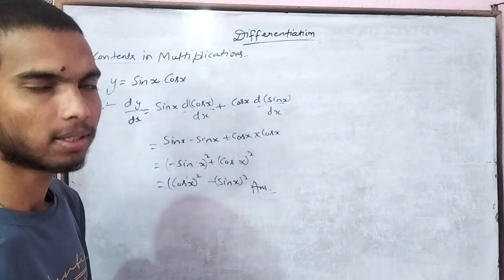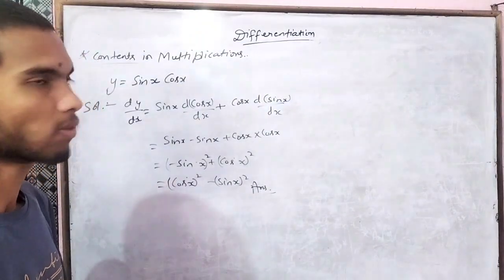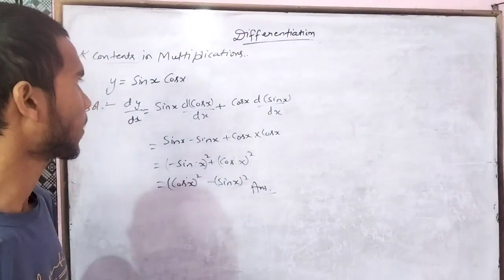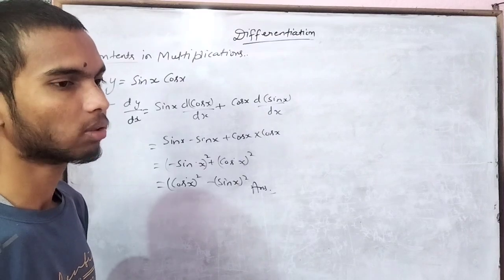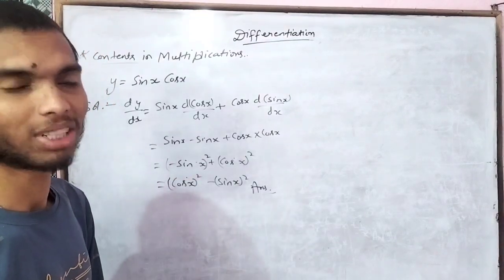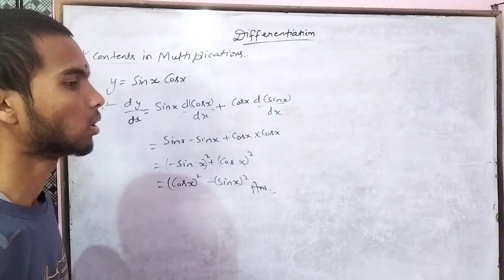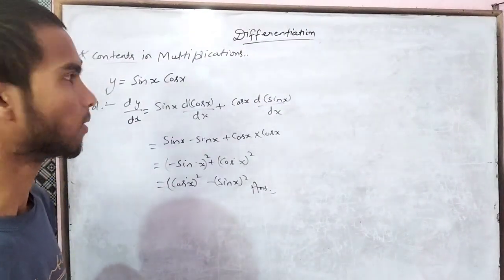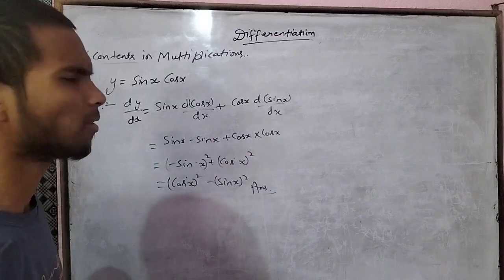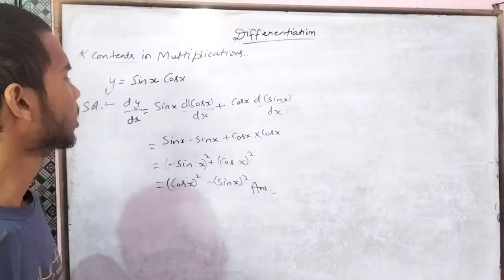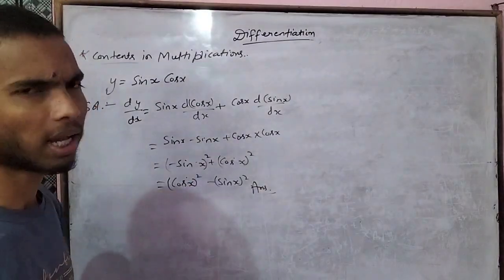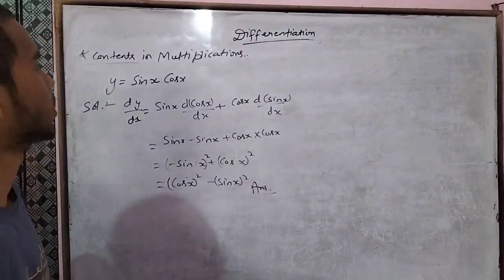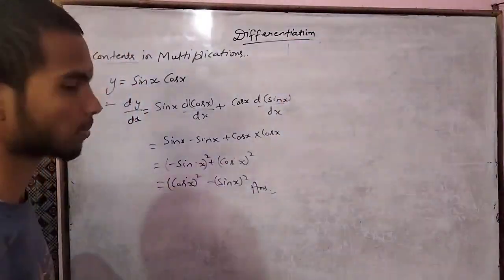Then we will apply addition because this is multiplication. Then the second variable we will write as it is, and then we will differentiate the first variable. Then we will apply our formula, then we will simplify. Then we will finally have the answer.